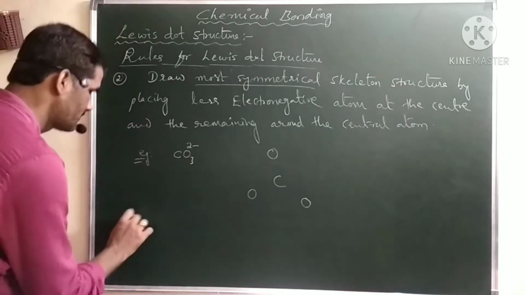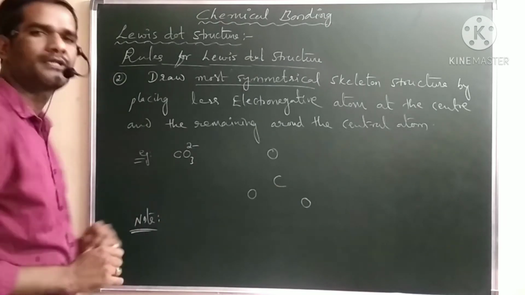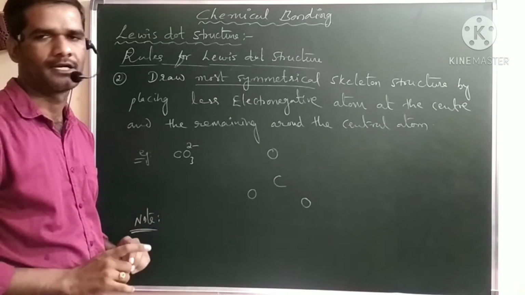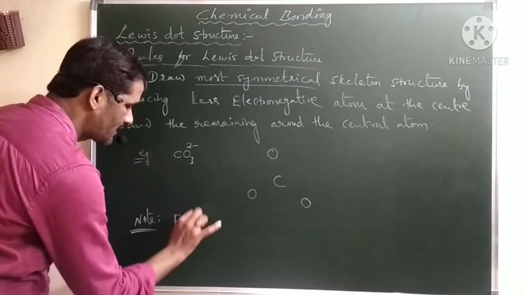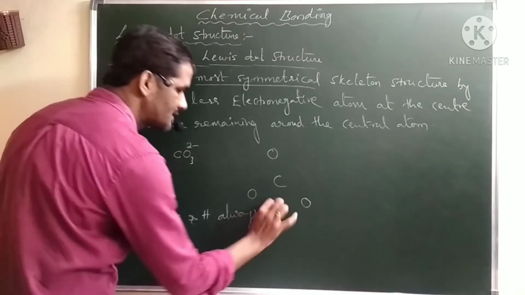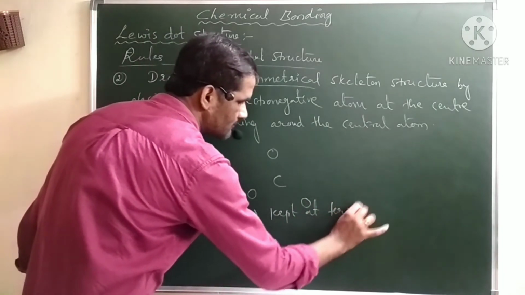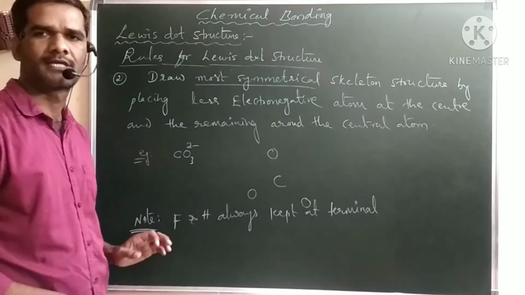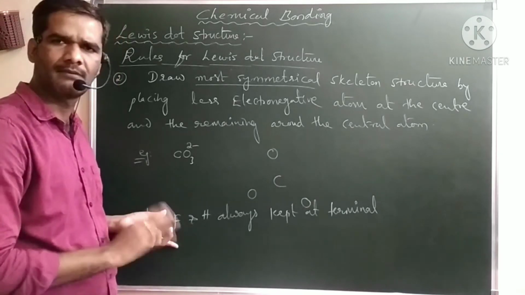And here one point we should remember. This is a very important note. Always fluorine and hydrogen act as terminal atoms. They never act as central atoms. Fluorine is more electronegative compared to all other elements, so in all cases it is a terminal atom only.